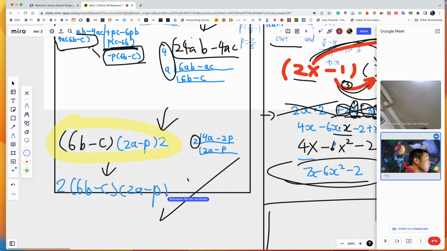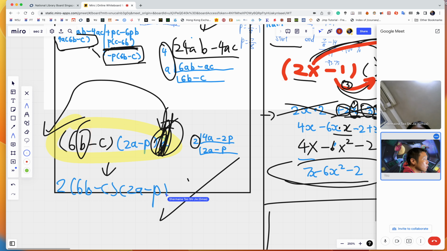Correct. I give you B, you don't give me P. The number should be where? Where you should put the number? The forefront. Understand or not? Yeah. Okay.